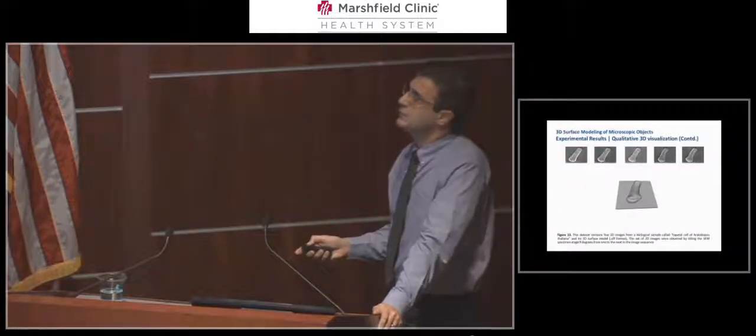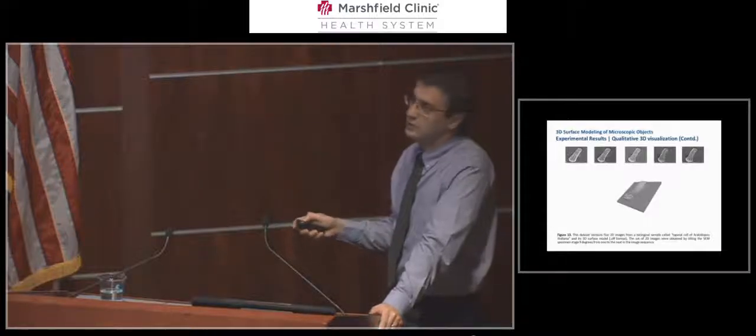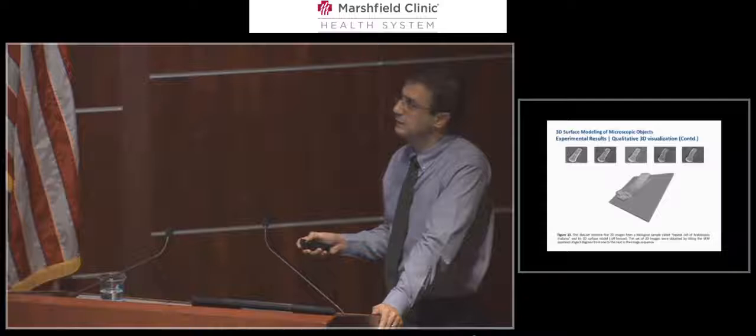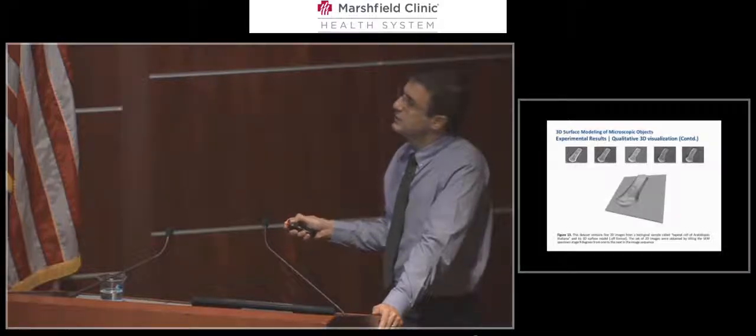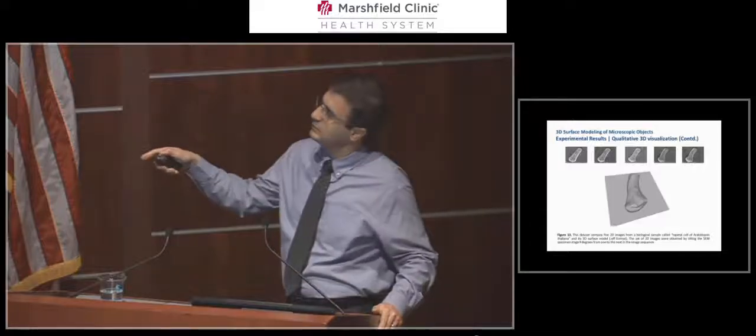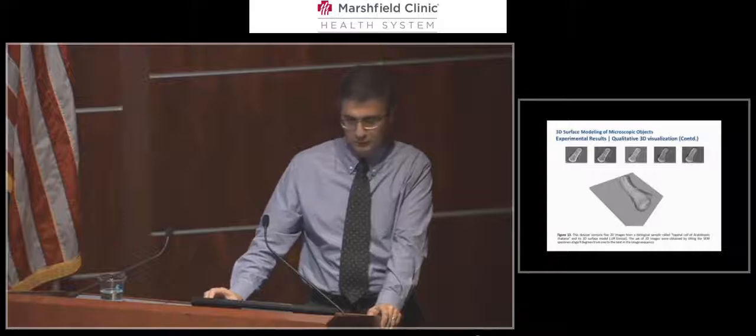In this slide, you see qualitative 3D visualization for a biological sample called typical cell. In the first row, you see a set of 2-dimensional images, and in the bottom, you see the 3D surface reconstructed model using our framework.